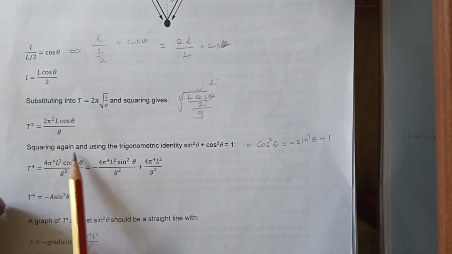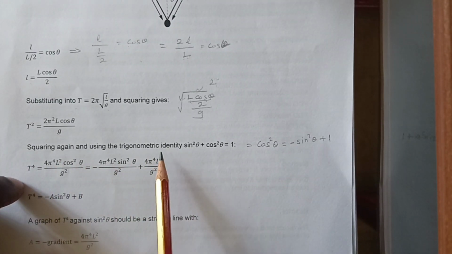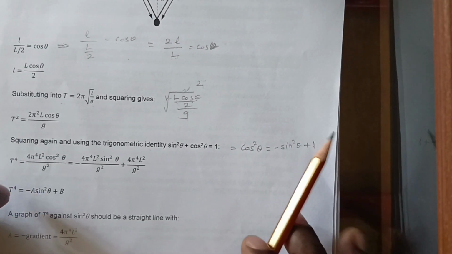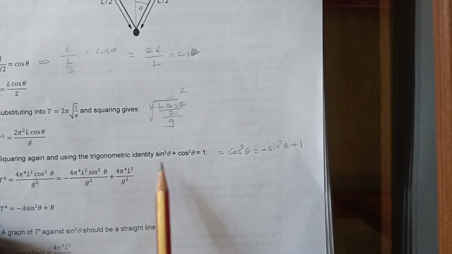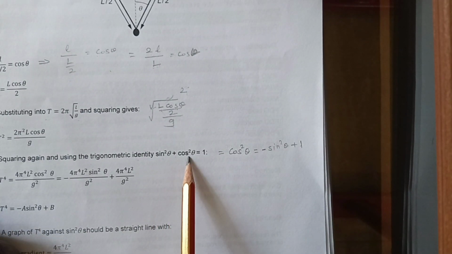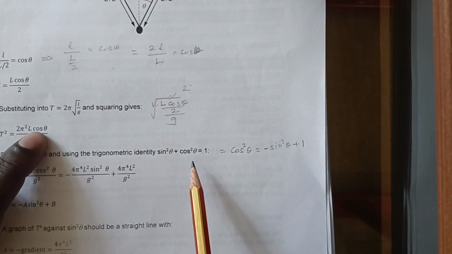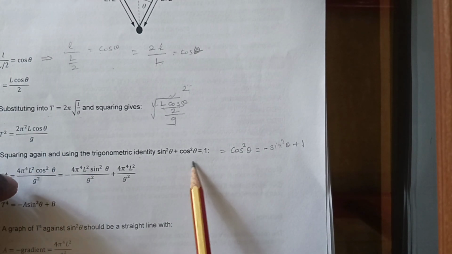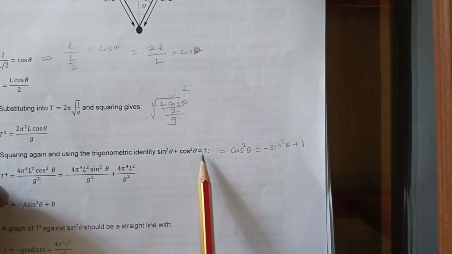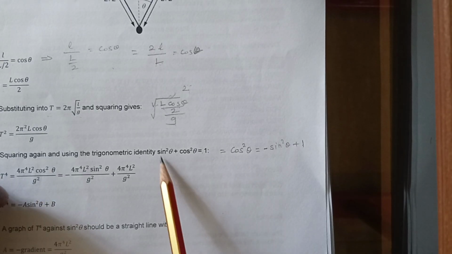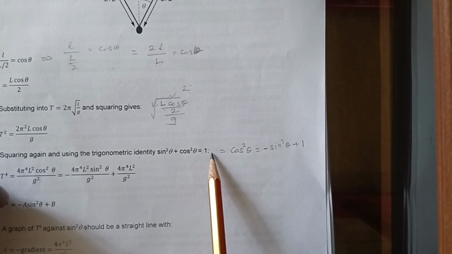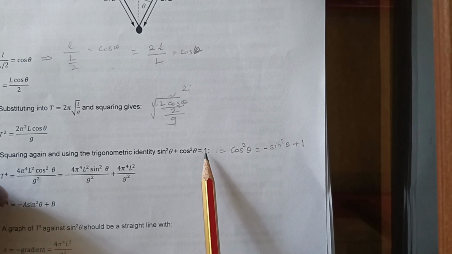Next, squaring again and using the trigonometry identity: sin square theta plus cos square theta equals 1. Suppose we need cos theta. Here cos theta is there. So cos square theta equals, if it comes to this side, minus sin square theta plus 1, or 1 minus sin square theta.